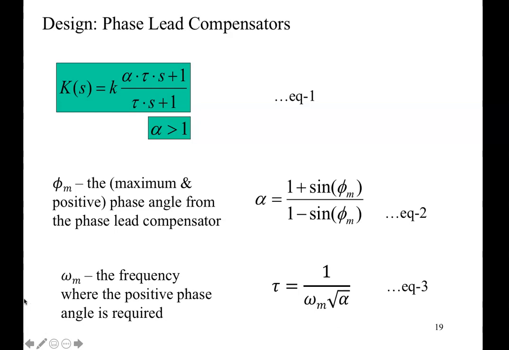And there are some parameters we can identify: the crossover frequency, the frequency where the phase plot crosses 180 degrees or minus 180 degrees, that's my omega 2. And we'll also be able to identify the phase margin and gain margins, if we know K and we know G, and therefore we have the Bode plots of G times K.